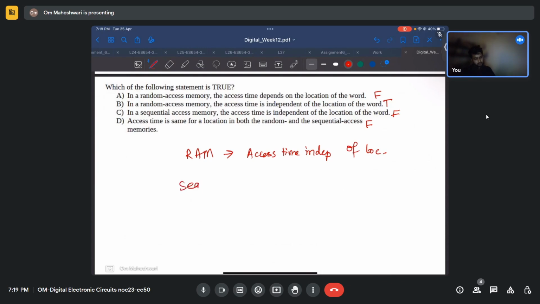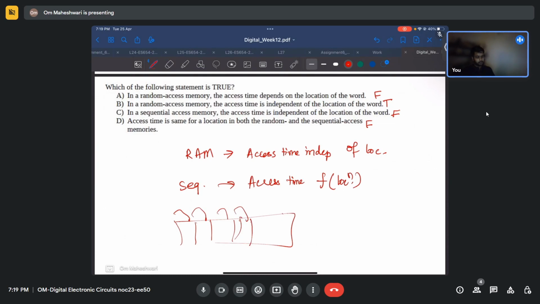In sequential, access time is a function of location. Since sequential means you're accessing bit by bit, going here, then here, then here. It is in a sequence. That means if you want to access this last one, it will take you a lot of time. So only B is true.